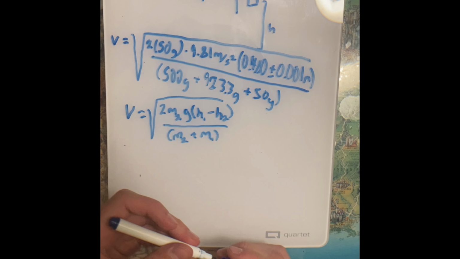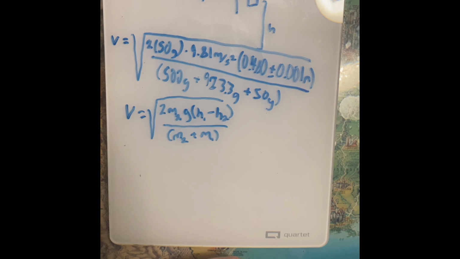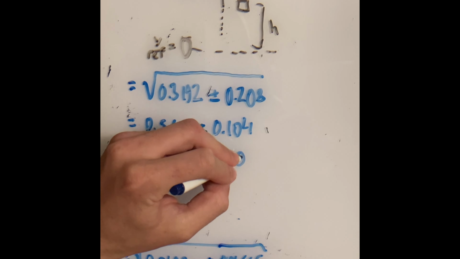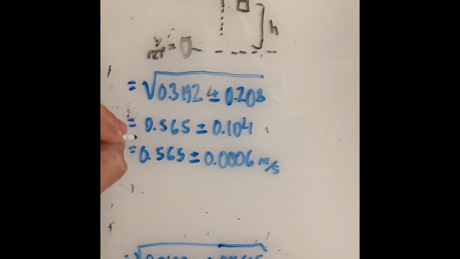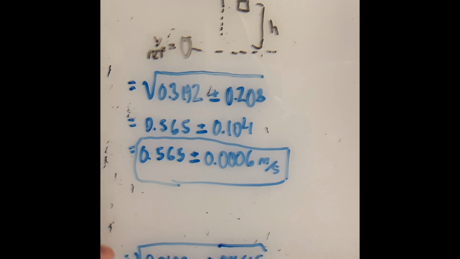And now we just need to simplify. And that is our final velocity as calculated by method 2, conservation of energy.